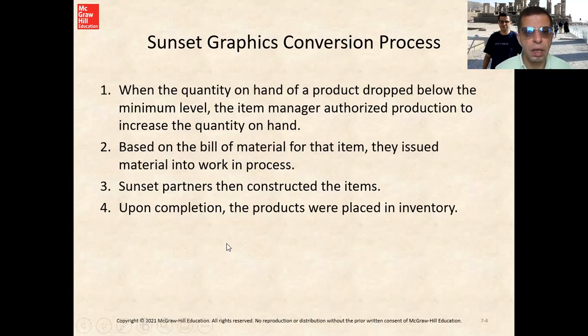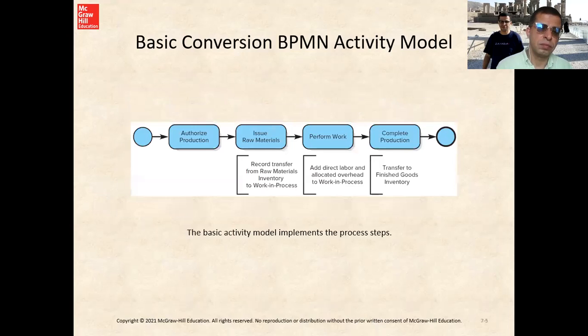Based on the bill of material of that item, they issue material into a work process. Sunset Partners then construct the items and upon the completion, the products were placed in the inventory. So this is the process.